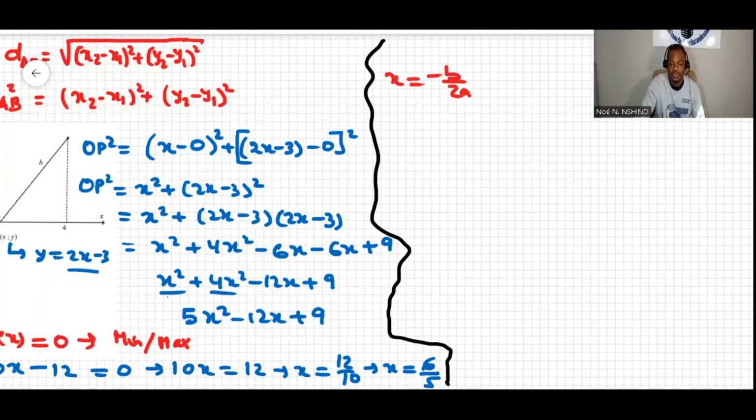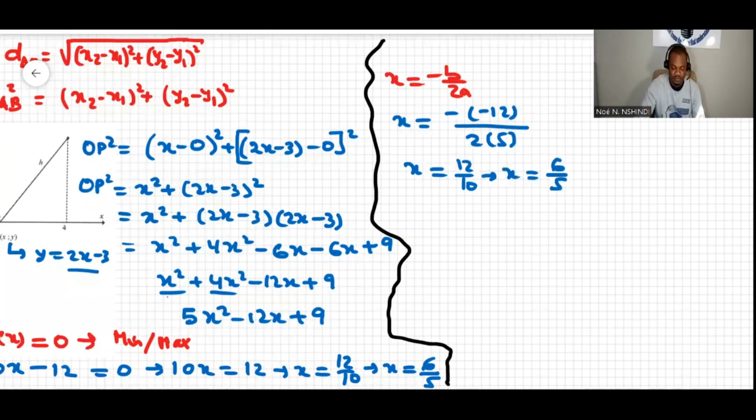This also determines the minimum. So the x value will be minus b, which is negative 12, so negative 12 all over 2a, 2 times 5. So x is equal to 12 over 10. That means x is equal to 6 over 5. So we have the x coordinate.